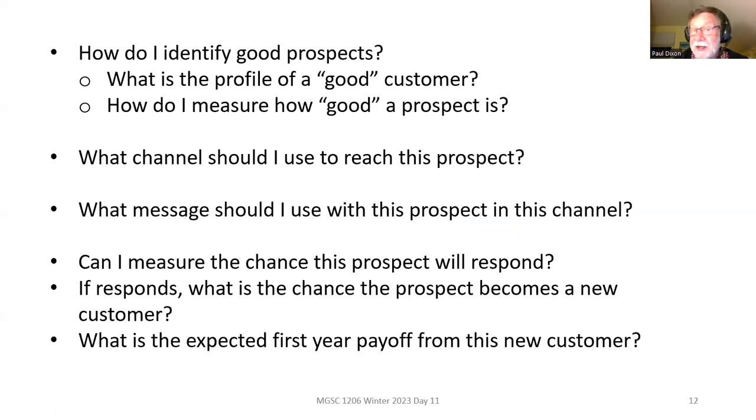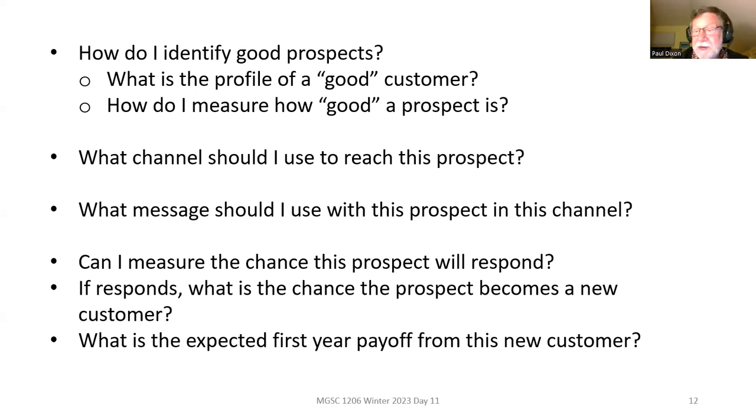Defining the profile of a good customer, you've got to figure out how to measure how good a prospect is. You've got many customers out there, but who are the really good ones and who are the so-so ones? What channel should you use to reach that prospect? Channel being the communication channel you're going to use.